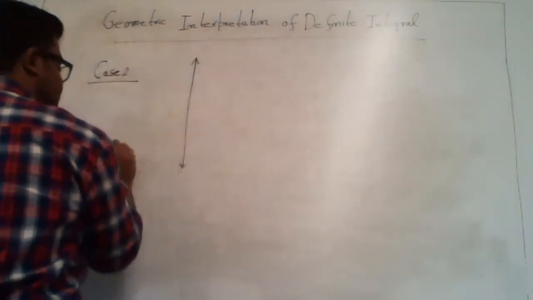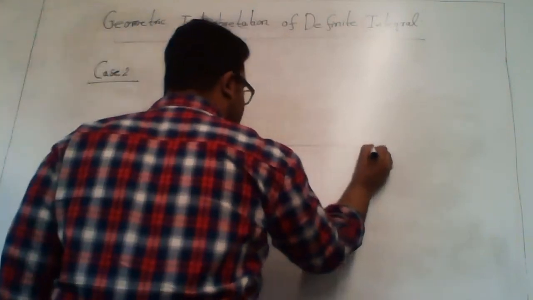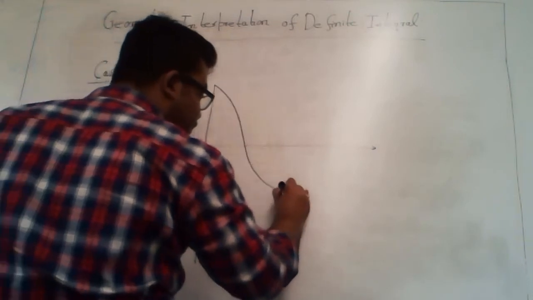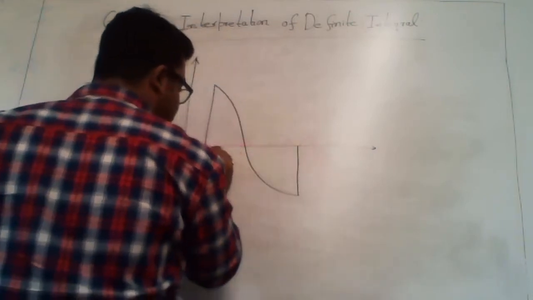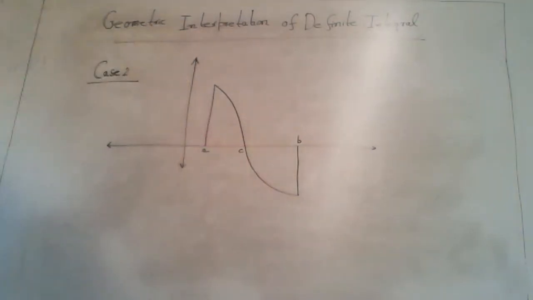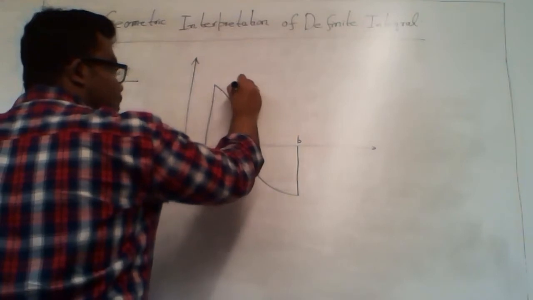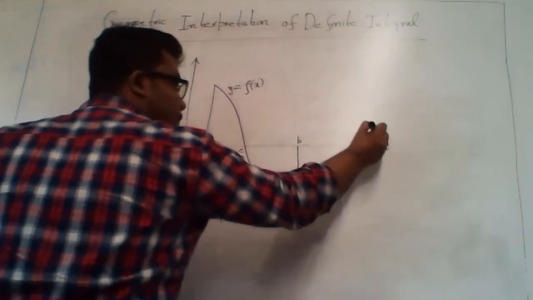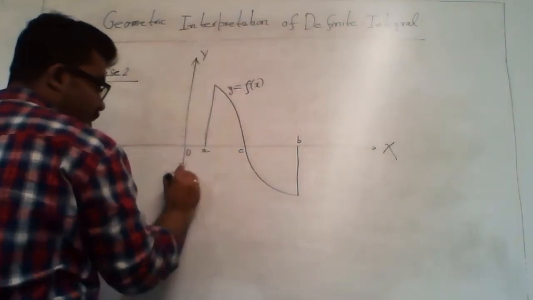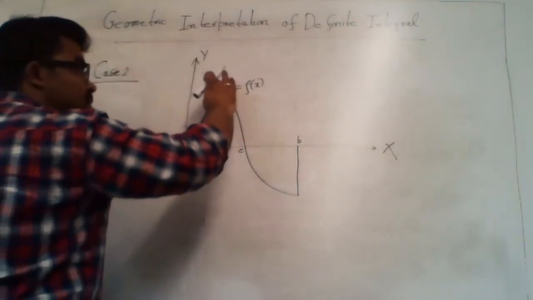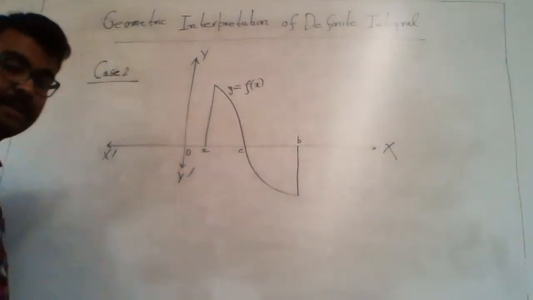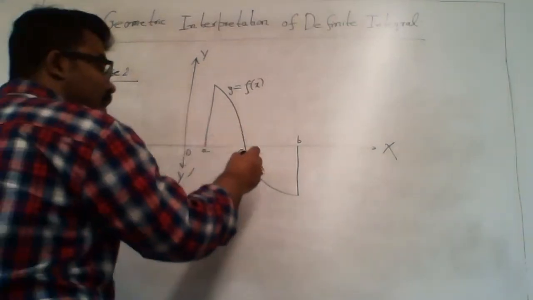This is an example of such a curve. So the function y equals f(x) in the interval AC is positive, that is it lies above the x-axis. In the interval CB, this function is negative, that is it lies below the x-axis.